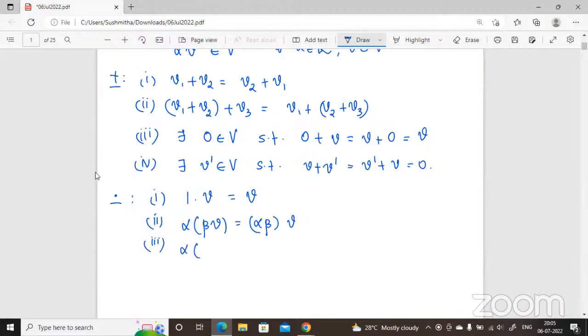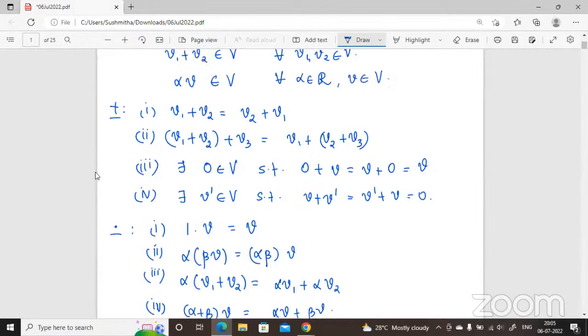And then the distributivity of scalar multiplication over addition, and the same for (alpha plus beta) times V equal to alpha V plus beta V.